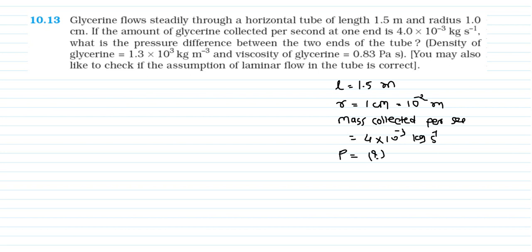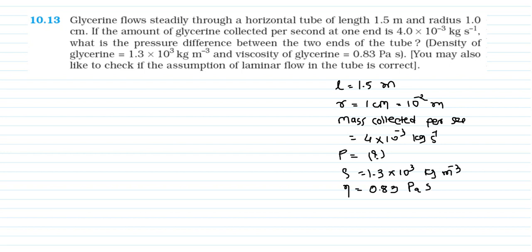Okay, the density of the glycerin is 1.3 into 10 raised to 3 kilogram per meter cube, and the viscosity is equal to 0.83 Pascal into second.